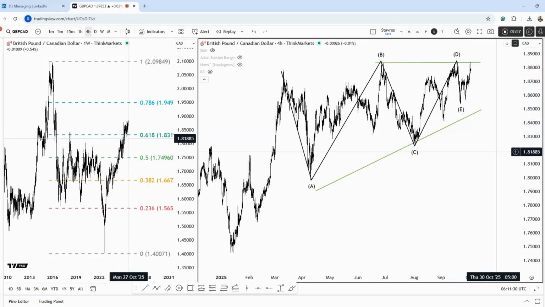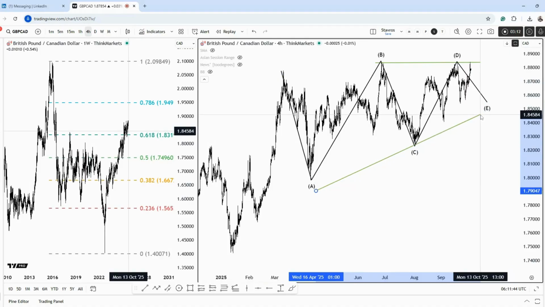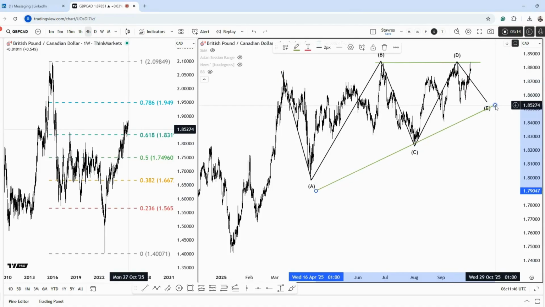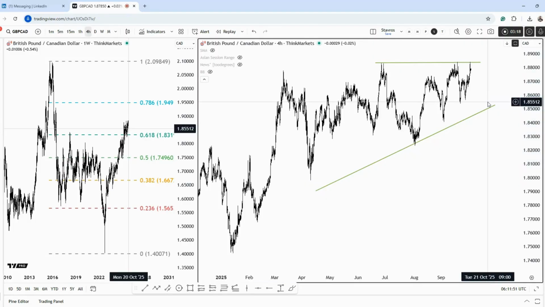There is potential for something like this because you can see that this might be a weak attempt to reach the previous high. So maybe we're going to fall down to wave 2 to complete the fifth wave for this leg. But as long as we maintain this price above 185, okay, then this remains a bullish scenario.